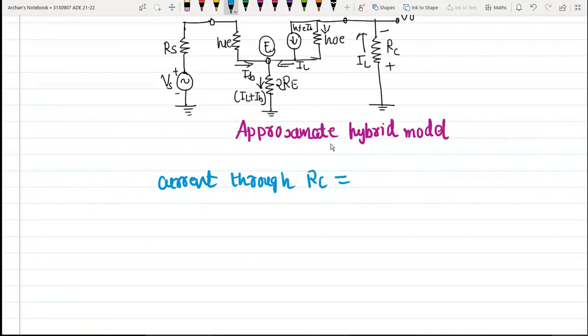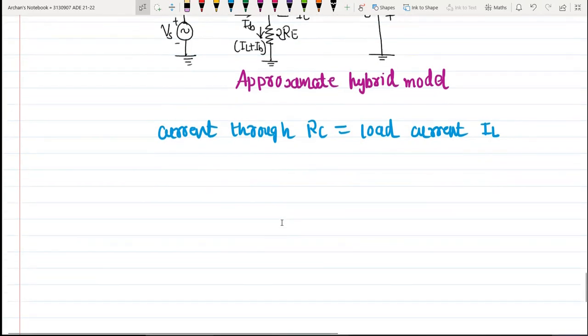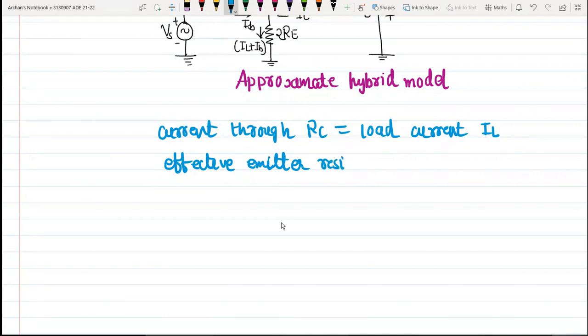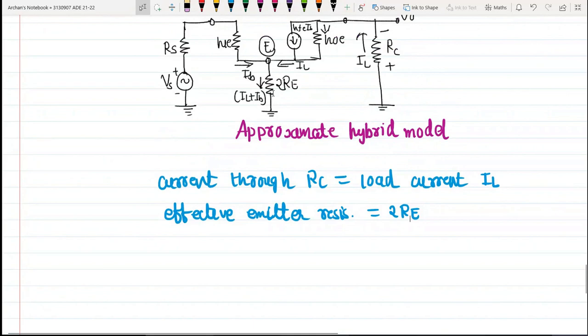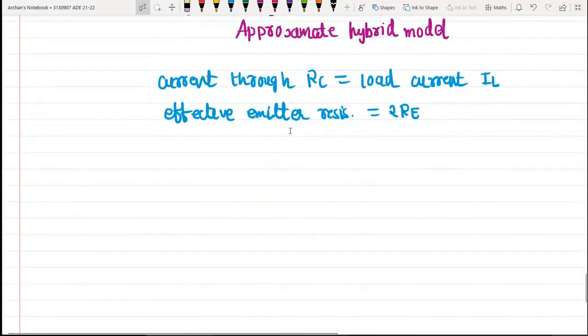And what is the effective emitter resistance? It is 2 times RE. And what is the amount of current flowing through this resistance? It is IL plus IB.